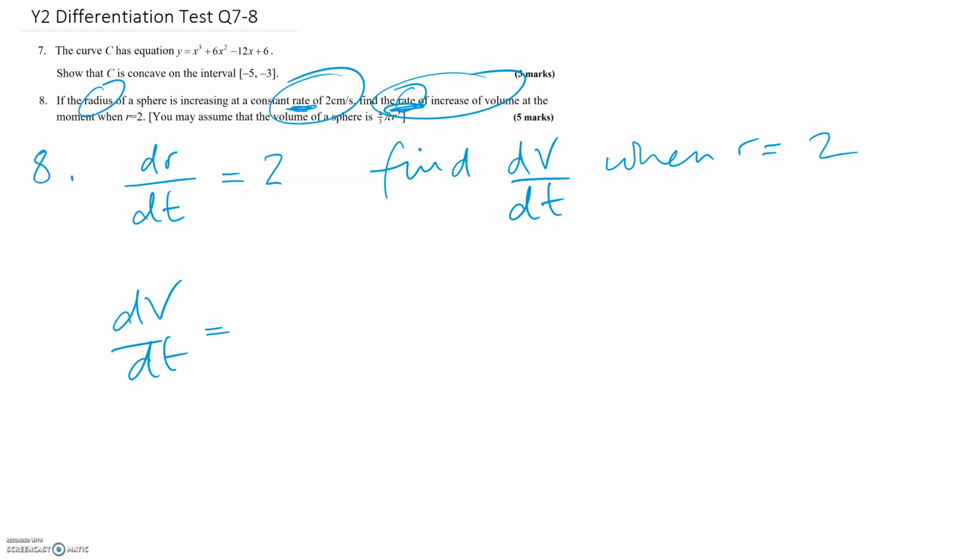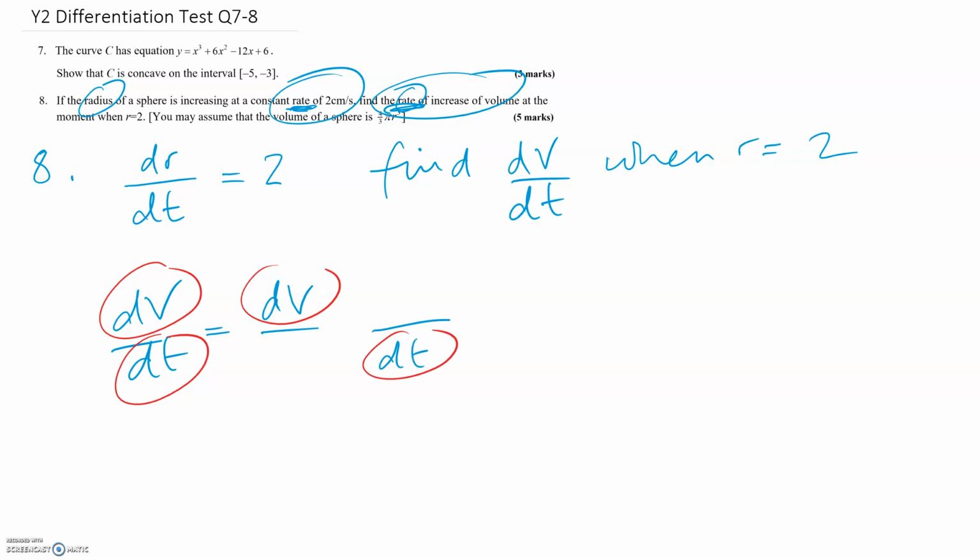As a general rule, you can write dV by dt here, because we're going to need to use the chain rule. Usually with these rates of change questions, you need to use the chain rule to solve them.